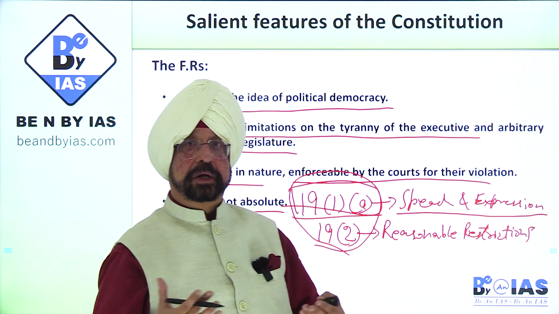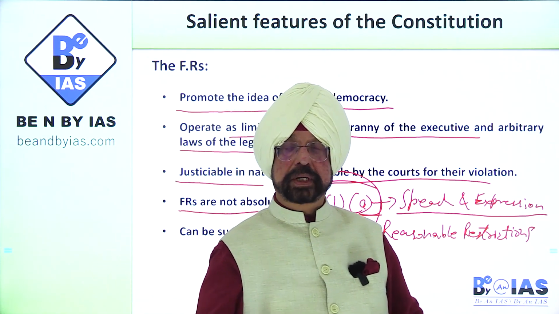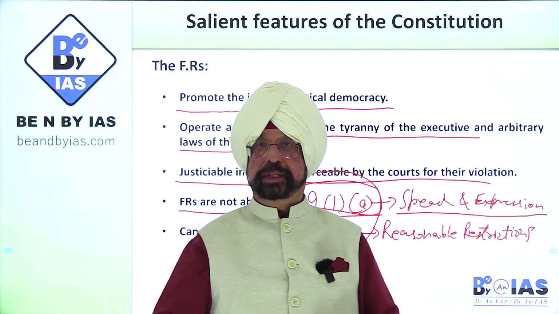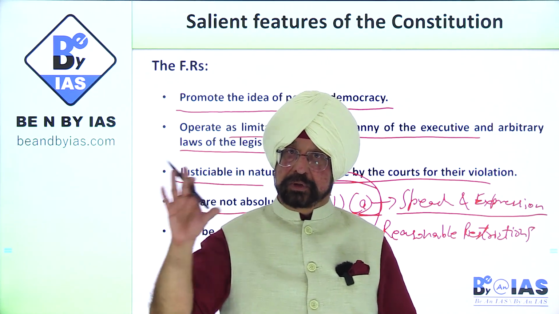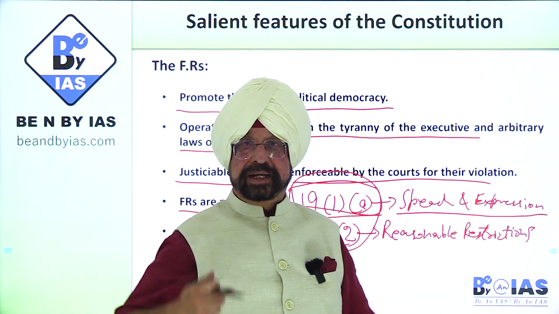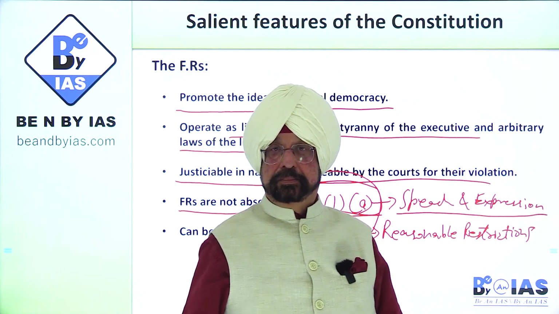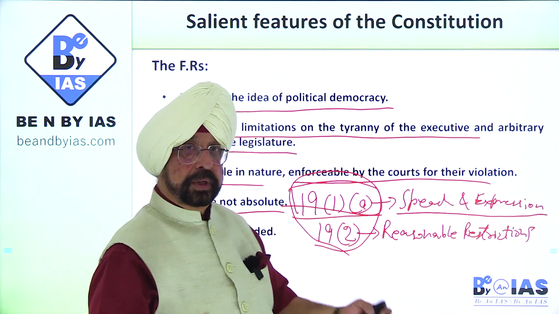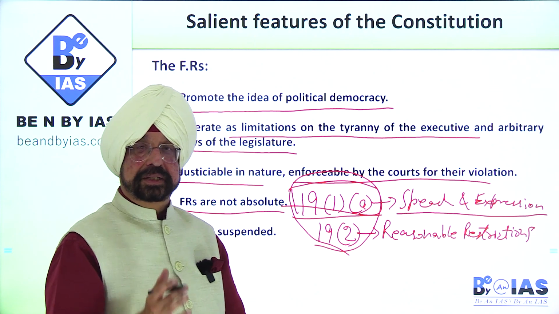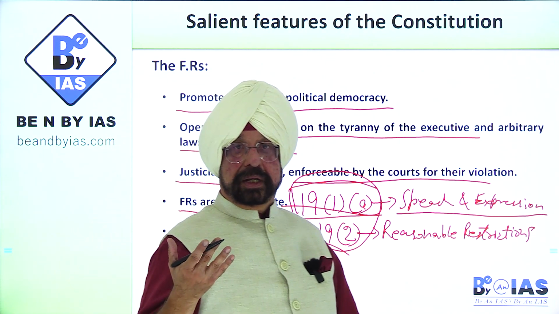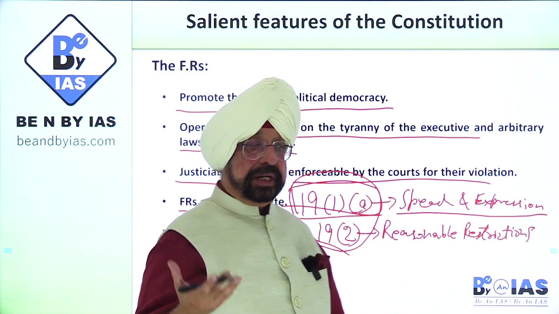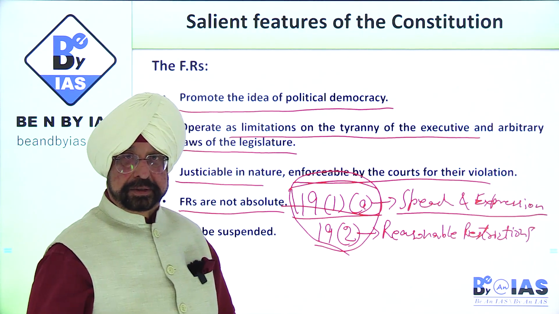And the state may also create a monopoly, that the state will be the only one doing this, like railways. Okay, the state will only run the railways. You and I cannot run a railway. So those kinds of restrictions are there, which are in the interest of the nation, in public interest.